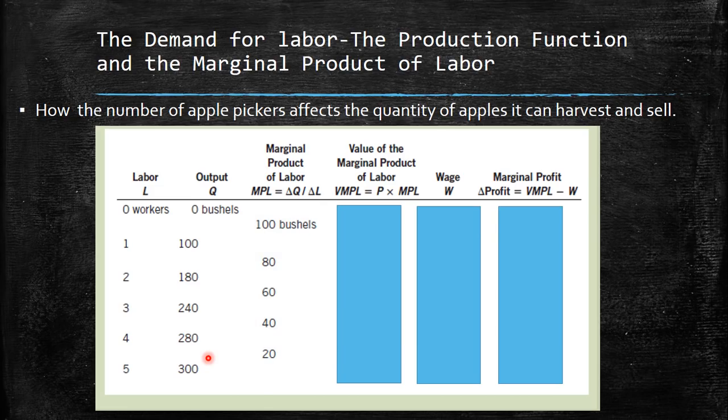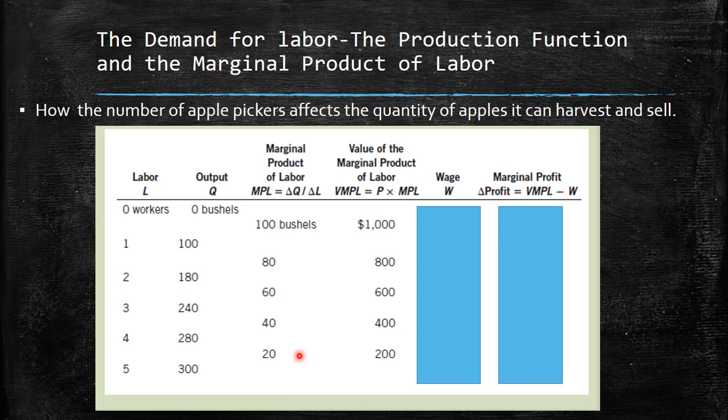Then we have here the marginal product, which is the change when I increase one additional worker. The denominator is just 1, and the quantity is the subtraction of 180 minus 100, 240 minus 180, and so on and so forth.